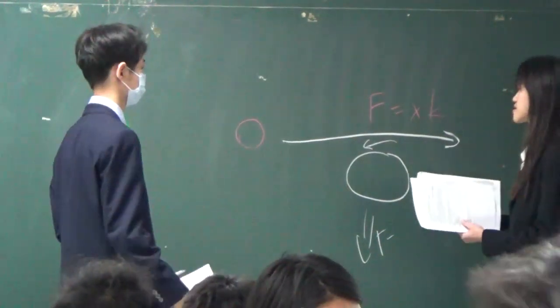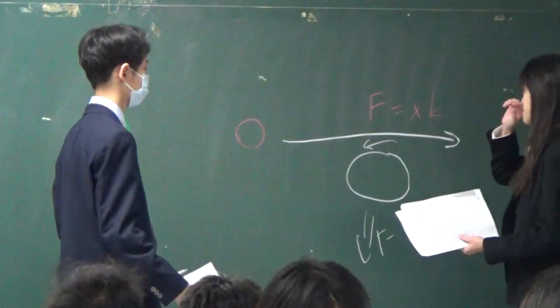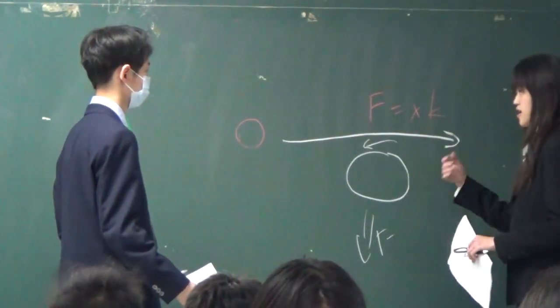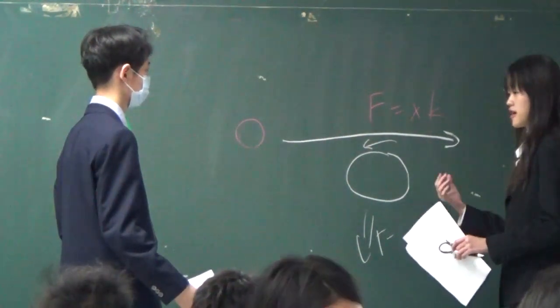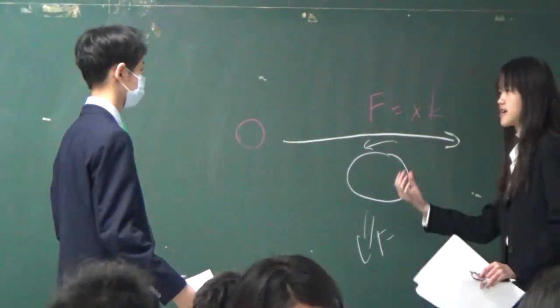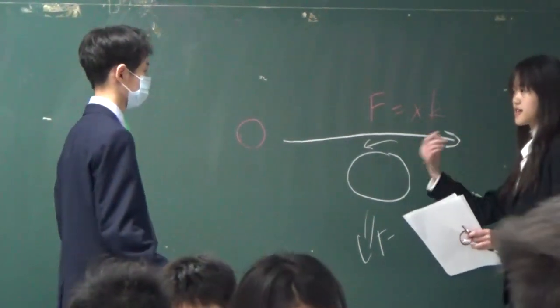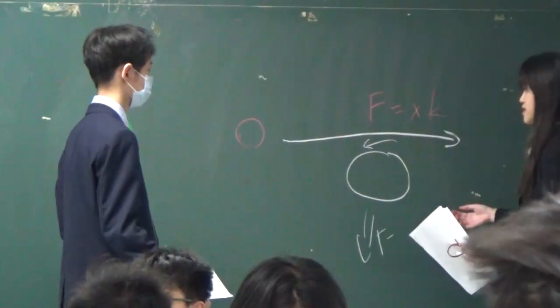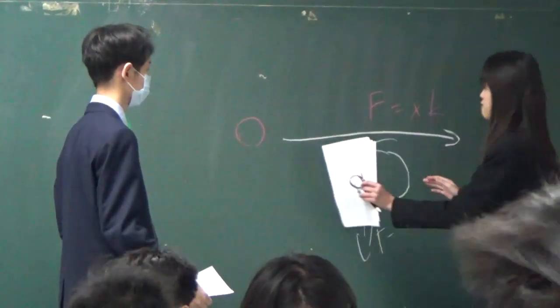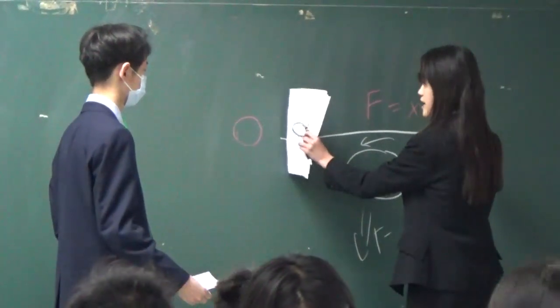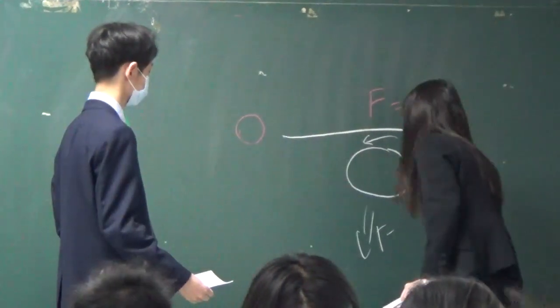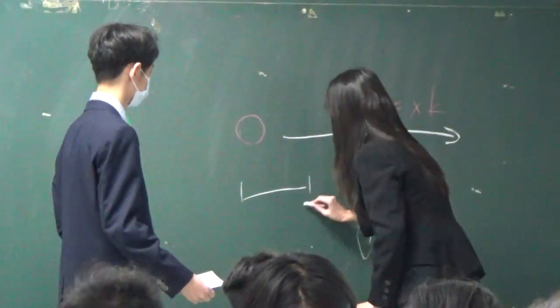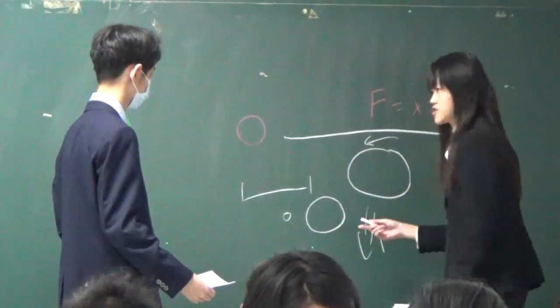Oh, stretch limit. Because in our experiment we did it in different sizes to see how the radius affects the rubber band, like if we stretch it to the same length, a small one and a larger one.